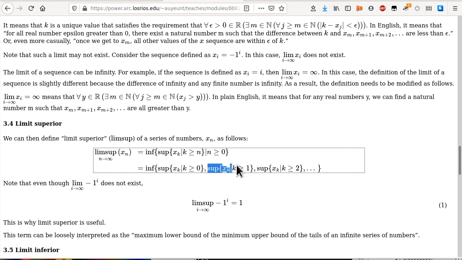This is the maximum of the infinite sequence, but skipping the first element, starting with the second element. This is the maximum of the entire infinite sequence, but skipping the first two elements, and so on. And then we look at each maximum and ask what is the minimum of all of these maximums. That becomes limit superior.